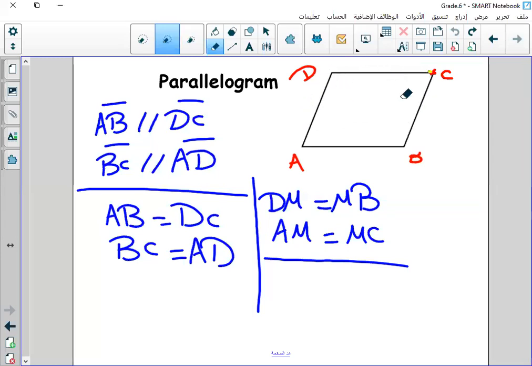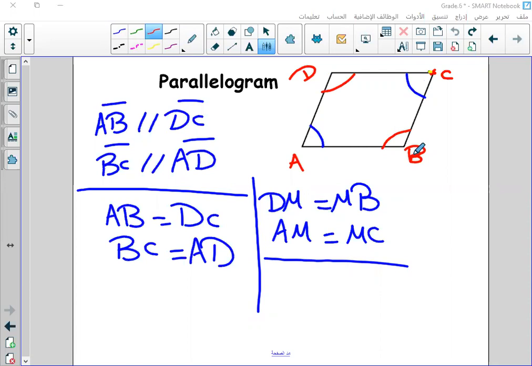We can say that each two opposite angles, angle A and angle C, are equal in measure, and the measure of angle D equals the measure of angle B. This is the meaning of each two opposite angles are equal in measure.